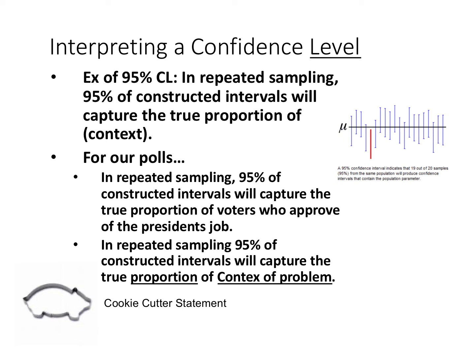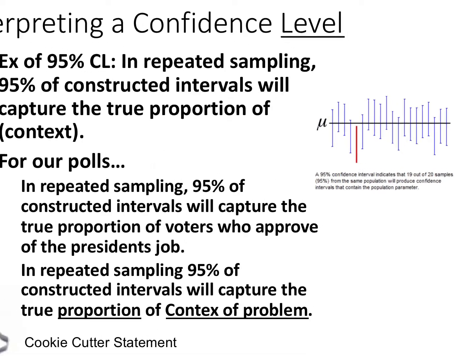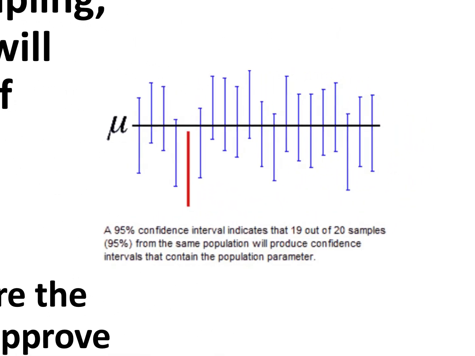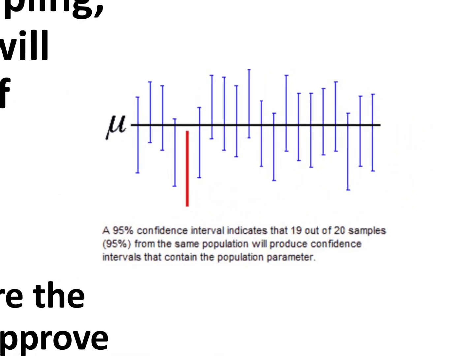Okay? I included this picture here. I'm going to zoom in here. Each of these bars represents a confidence interval. This line represents the true population mean or proportion. Okay?